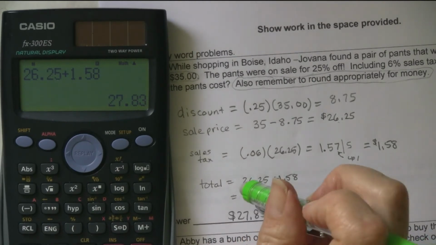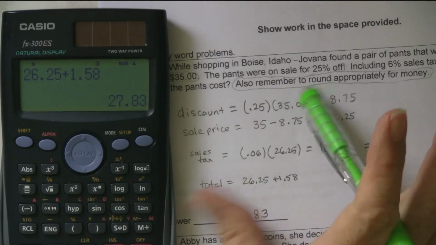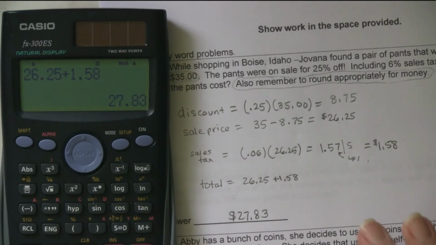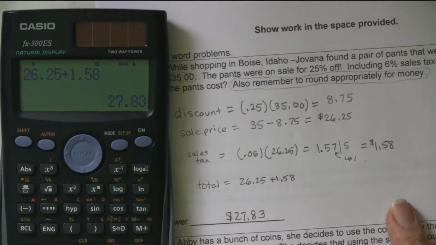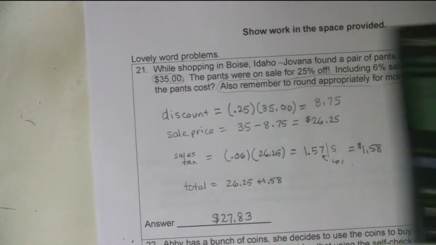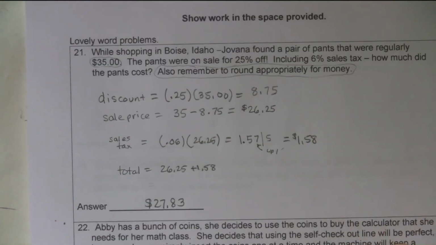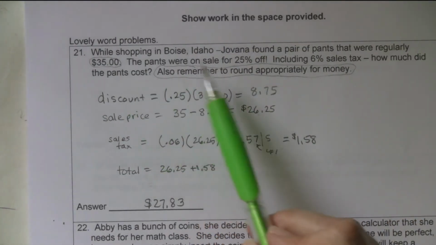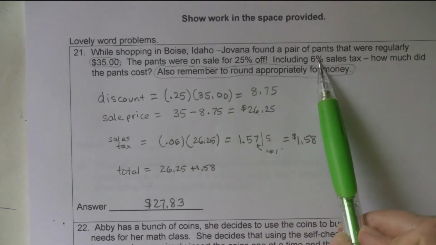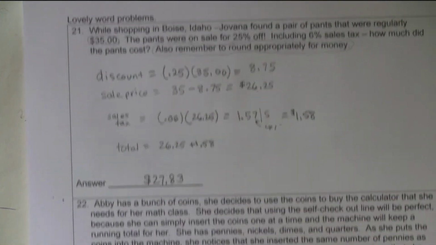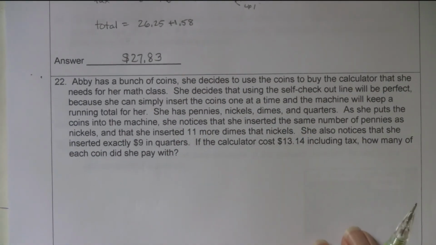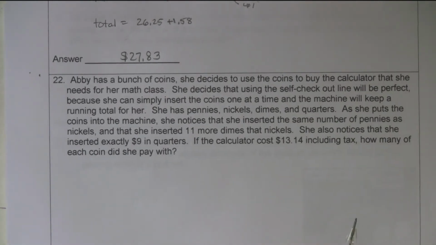So I'm going to pay $27.83 for those pants. If you think, well, that was different than the one in class that we did on the lab, it was slightly different numbers. These numbers were the same, but that number was different because the pants were bought in California. On the last problem, these were bought in Idaho.